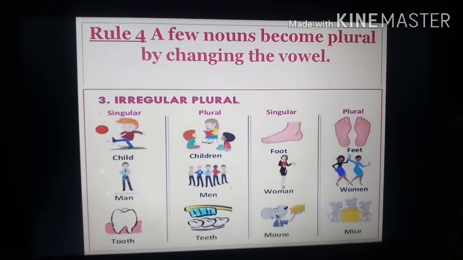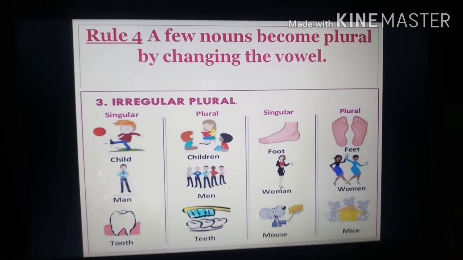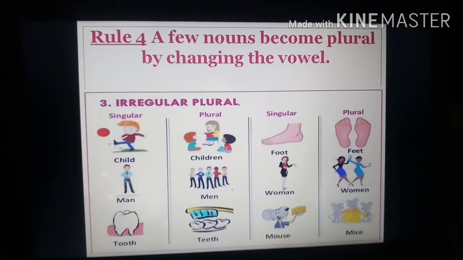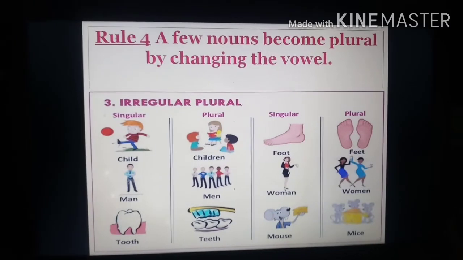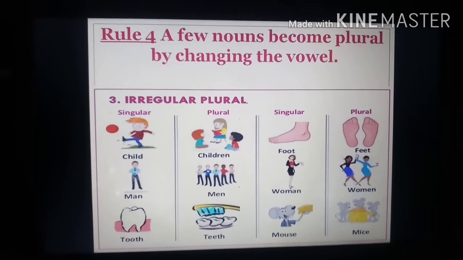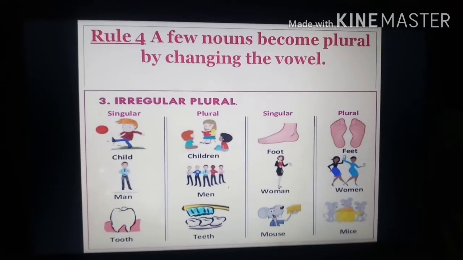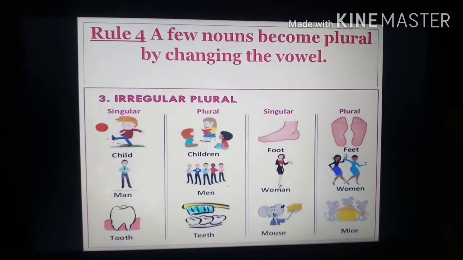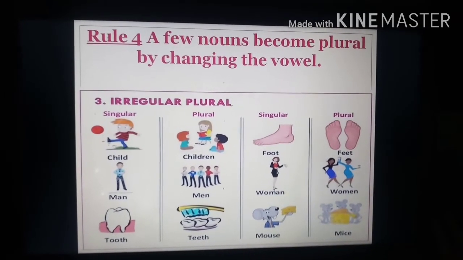Rule number 4. A few nouns become plural by changing the vowel. Just look at these pictures, and the first picture, child. So i is a vowel. If we make it plural, it becomes children. Man. And if we make it plural, it will be men.